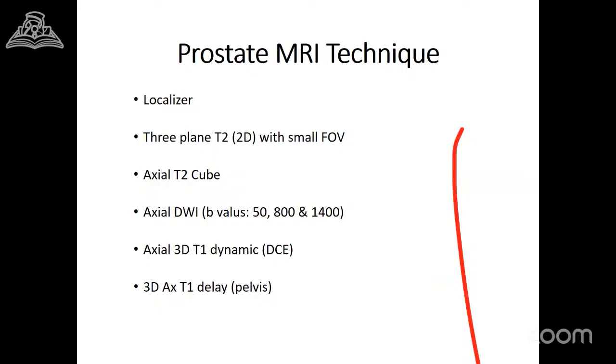Additional sequences include axial T2 cube and axial diffusion weighted imaging with 3 b values, 50, 800, and 1400, and axial dynamic contrast enhancement 3D T1 imaging. A delayed 3D axial T1 sequence of the pelvis is also acquired to complete the protocol.